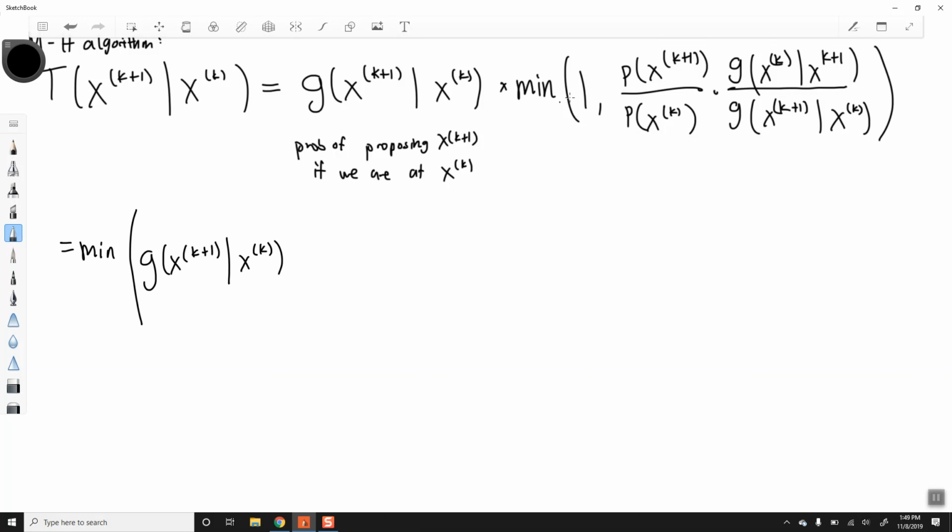And I'm just going to replace the 1 with probability of x super k, comma, and then over here I'm going to distribute this, and if I multiply that, then this will cancel this other thing here.